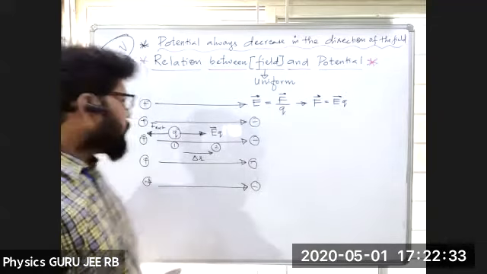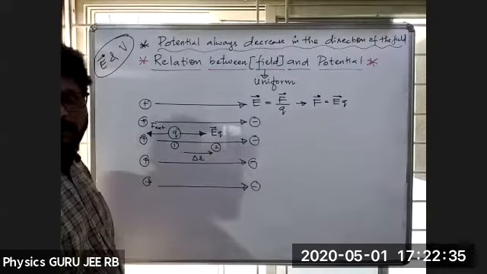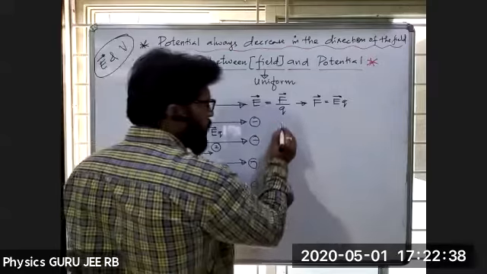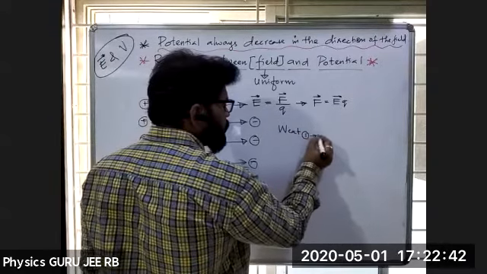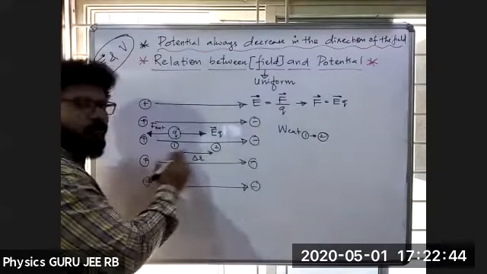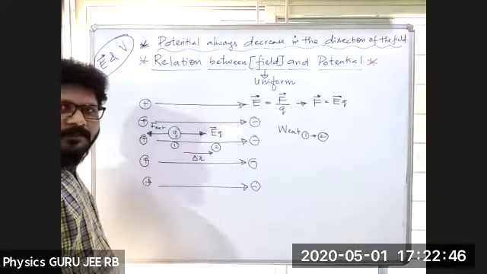Now work done, if I want, from where to where? 1 to 2. Work done by the external force from 1 to 2. Work done is force into displacement, right?